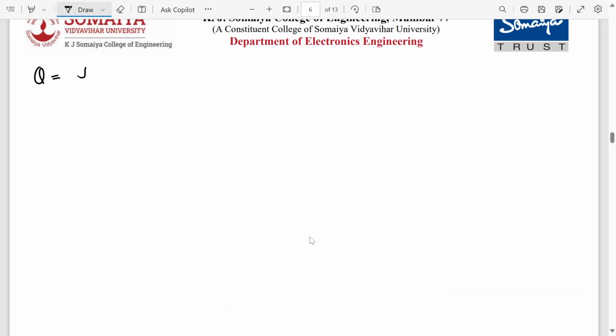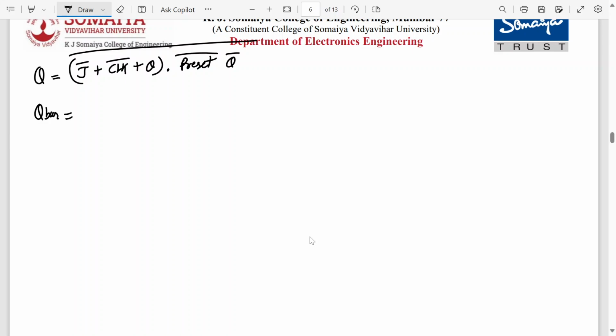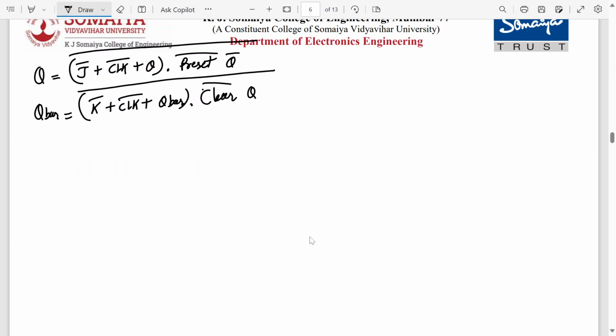Q is J bar plus clock bar plus Q dot preset bar Q bar, the whole bar, and Q bar is K bar plus clock bar plus Q bar into clear bar into Q. Alright, so this is by De Morgan's theorem, which we have seen earlier, and let's implement this. Remember that preset and clear are active low.